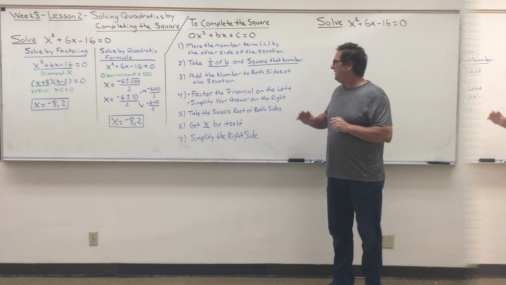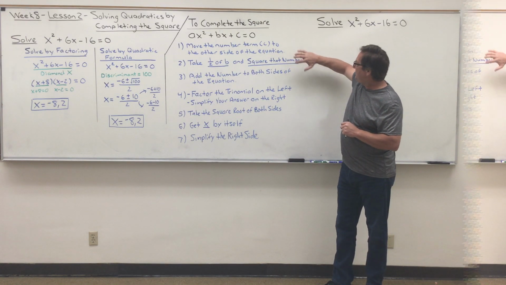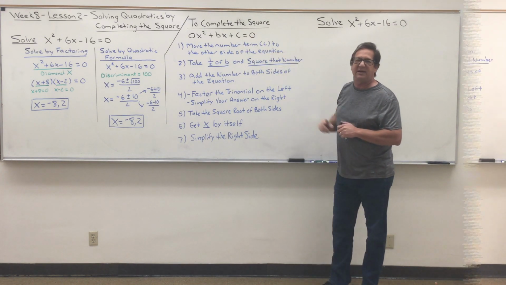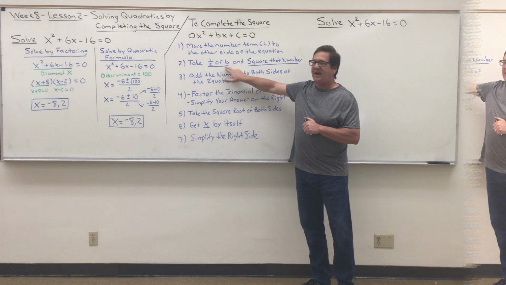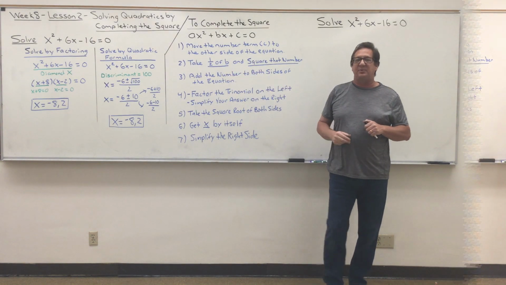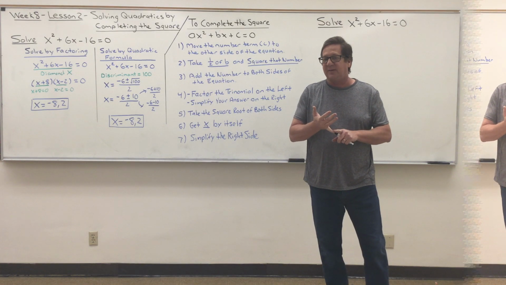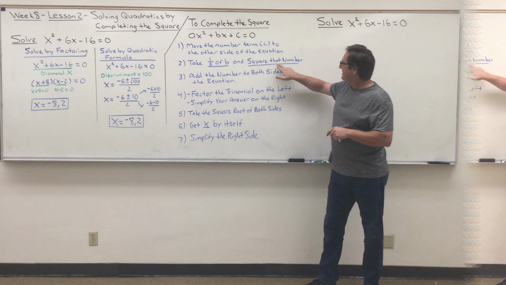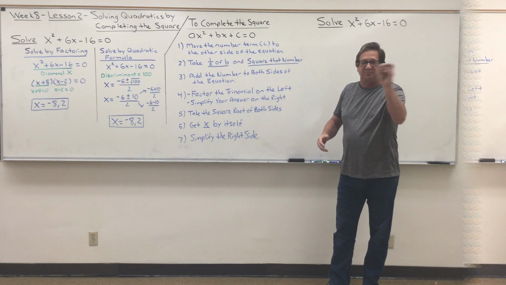Okay, so it looks intimidating, but once you look at each step individually, I think you guys know how to move something to the other side by doing the opposite. I think you can take half of a number and square it. For example, half of the number 10 is 5, and 5 times 5 is 25. You can take this answer and add it to both sides of the equation. You just write it down.